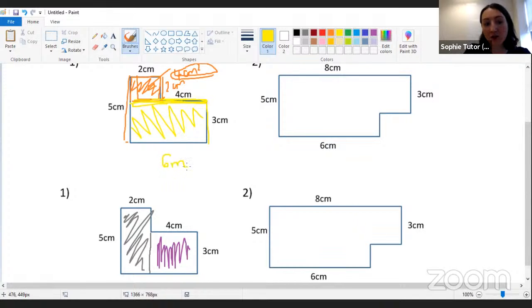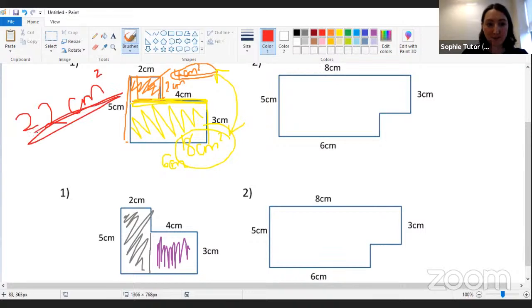So we're going to get 6 centimeters times 3 centimeters, which gives us 18 centimeters squared. We're then going to do 18 centimeters squared plus our 4 centimeters squared, which gives us our answer of 22 centimeters squared.